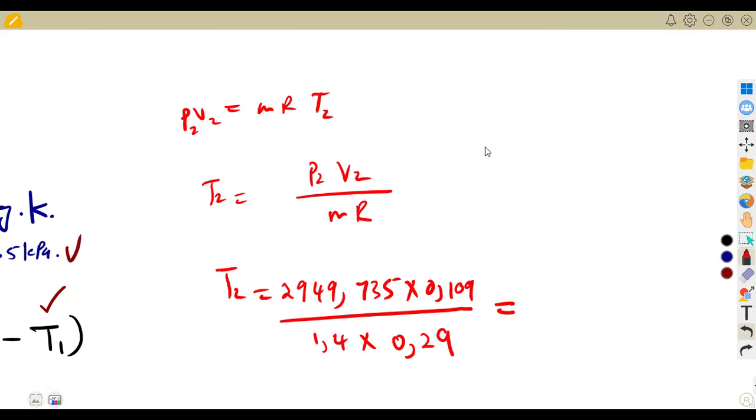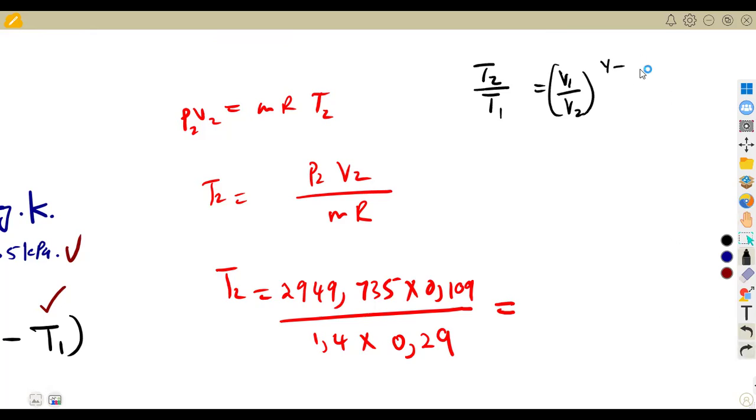I used this one, no problem. I'm going to also explain it. Remember, we have this formula that relates T2 and T1. T2 over T1 is equal to V1 over V2 to the exponent of n minus 1, so it's going to be gamma minus 1.